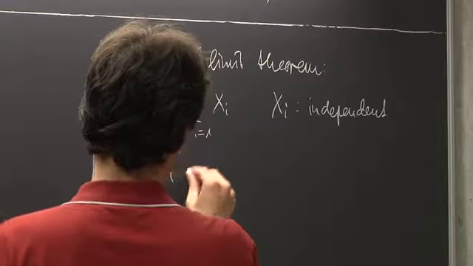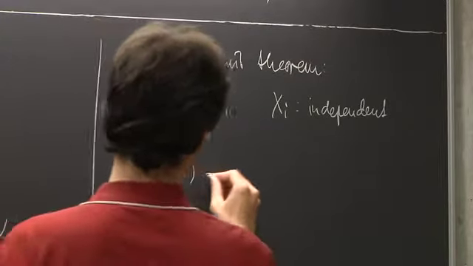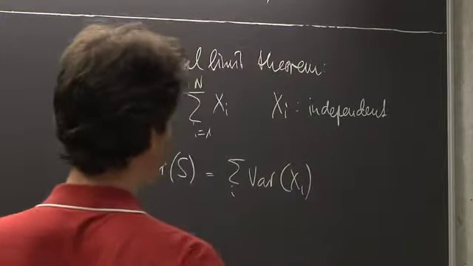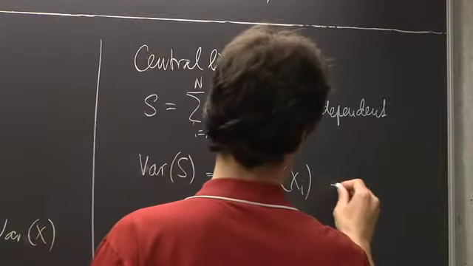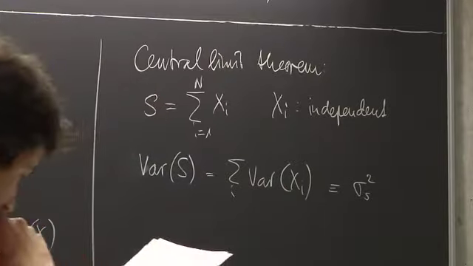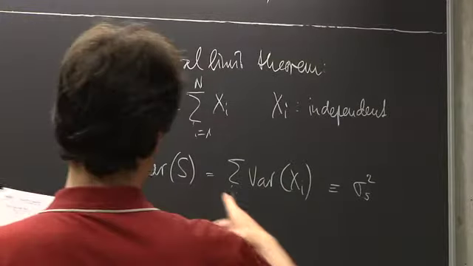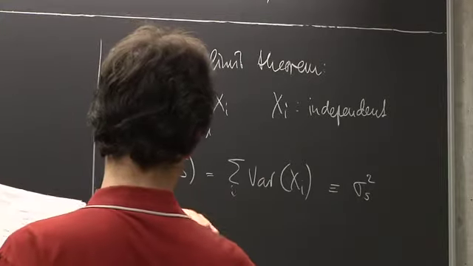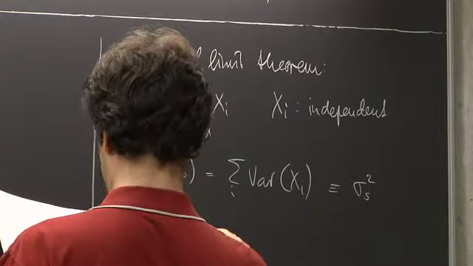So of course you know that the variance of this S is just the sum of the variances, right? So let's call this sigma S squared. So in which sense does this go to a Gaussian? Well, you should actually define a standardized variable.